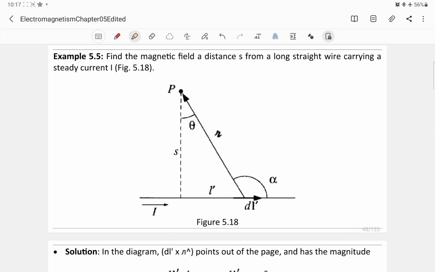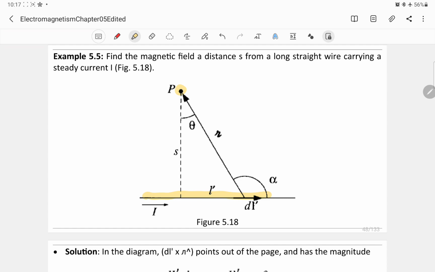Example 5.5: find the magnetic field a distance s from a long straight wire carrying a steady current I. So you have current I here, and you're measuring the magnetic field here.